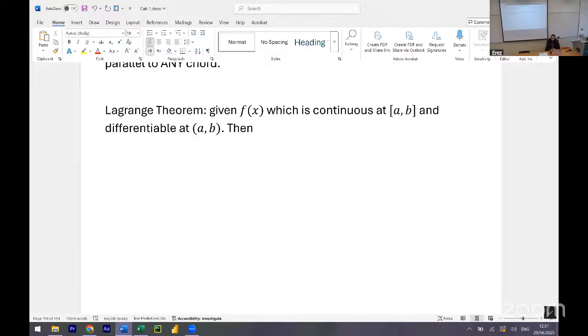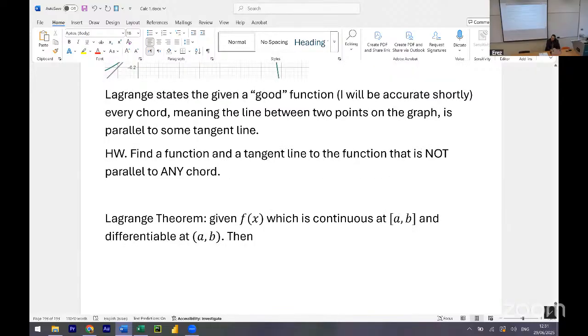I wrote in words what it says. It's important for you to state it, because then it's not another formula you have to memorize, but if you understand it, it makes sense. So I have the chord between A and B, and what does the theorem state?